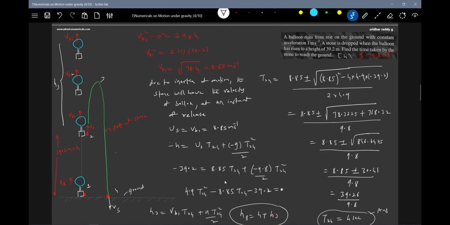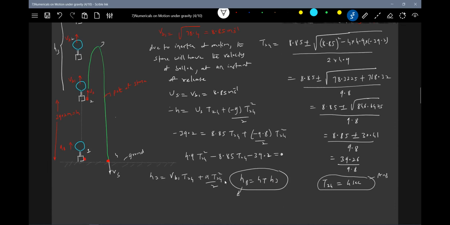When the stone is striking the ground, the balloon will be at this height from the ground. Now you have to solve this. You have to calculate this one.